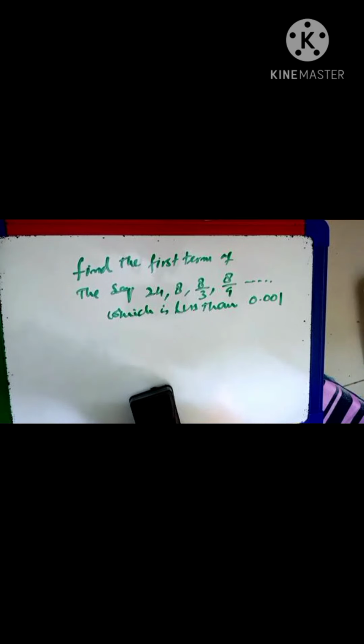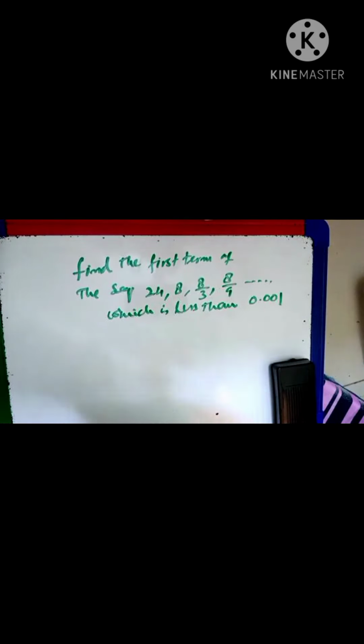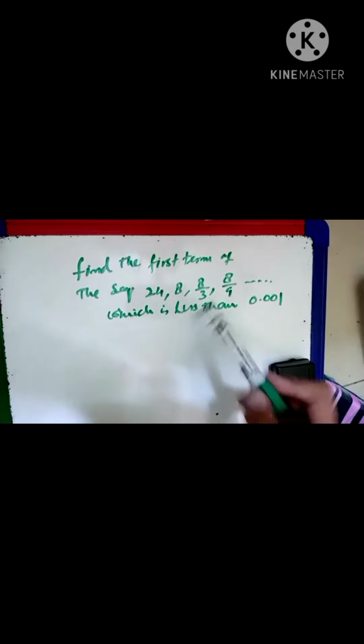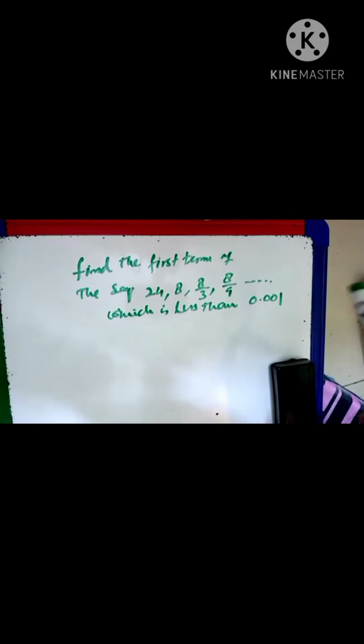You have to find the first term of this sequence. When the sequence is going like that and it is less than 0.001, is the first term less than 0.001? No, no, the sequence is going on, right?